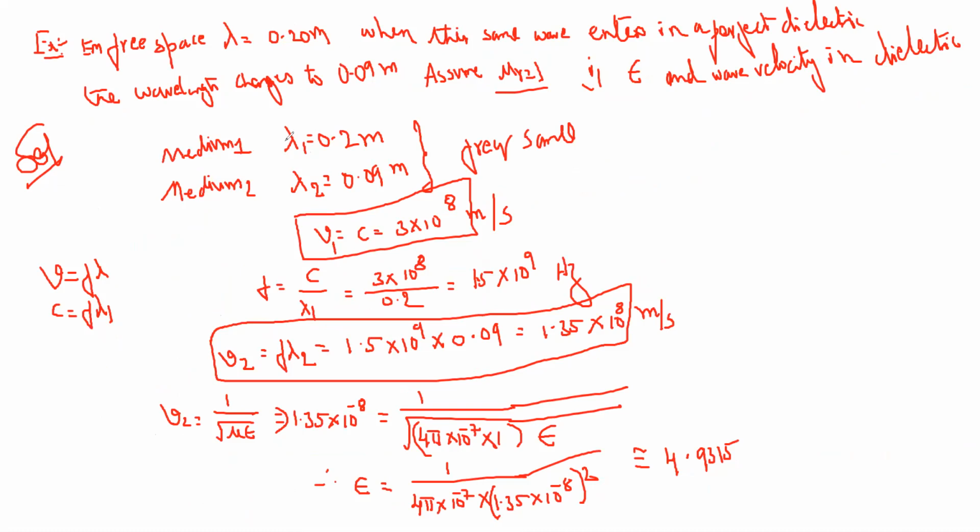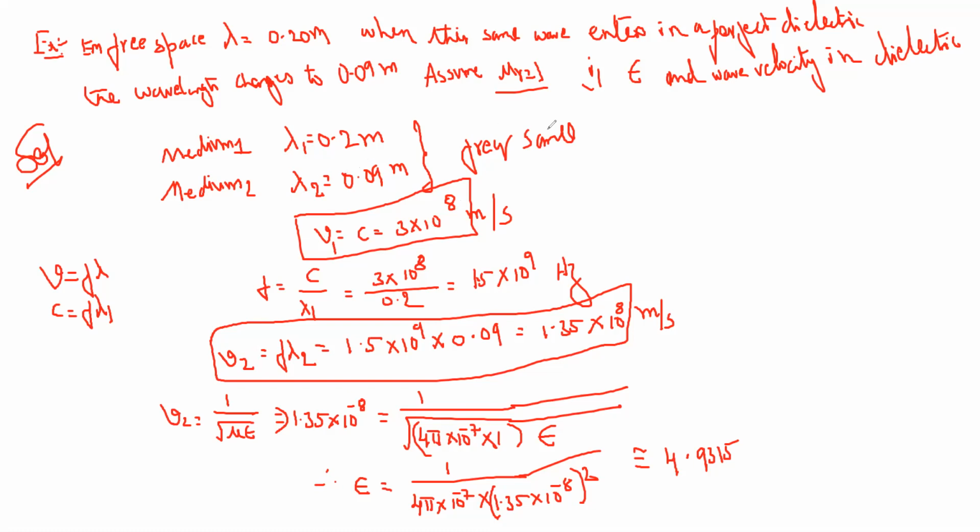Okay. Coming to the third example, they're asking that for the given the medium 1, there is a velocity, not the velocity, the wavelength is the 0.2 and the another wavelength is lambda 2. When it is a travel from one medium to the other medium, what is the velocity and the epsilon? The first one is the velocity is 3 into 10 to the power of 8 is a constant value.